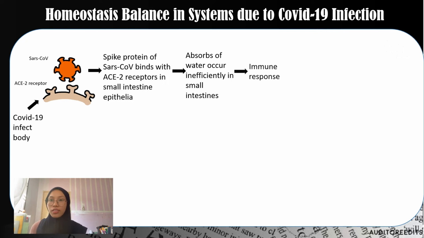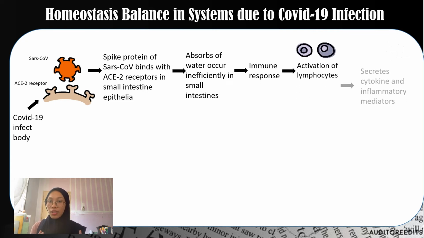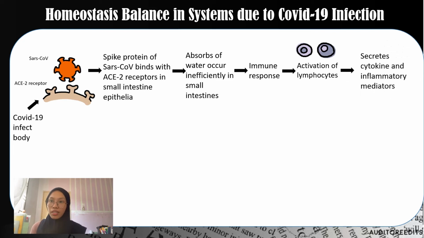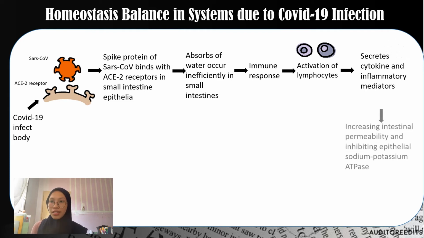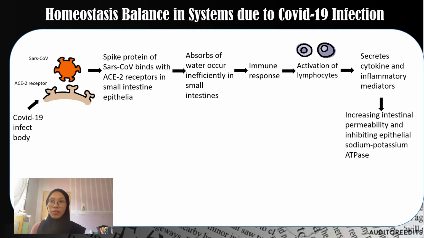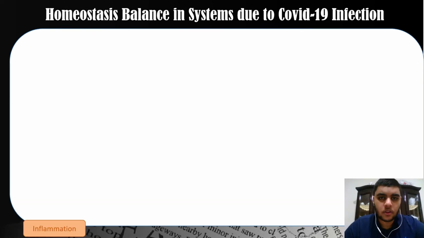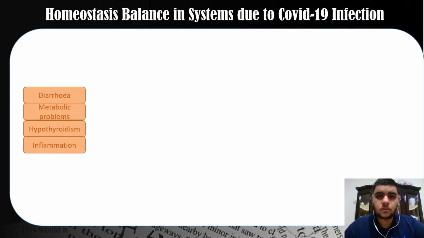As a result, lymphocytes are activated and secrete cytokines and inflammatory mediators. The cytokine storm that happens will increase the intestinal permeability and inhibit the epithelial sodium potassium ATPase, and this will lead to diarrhea.